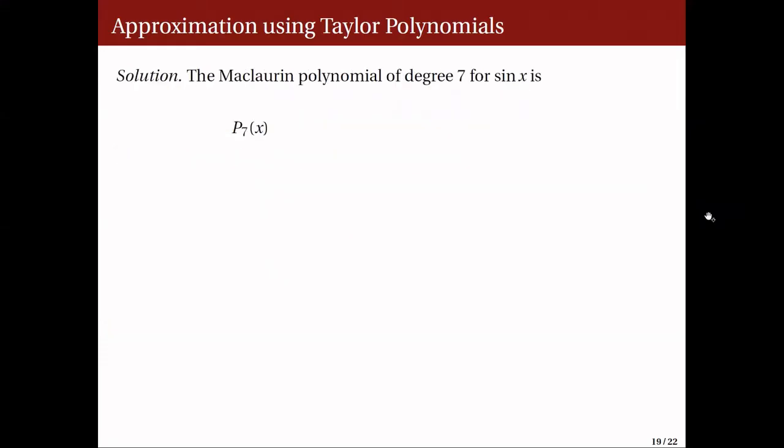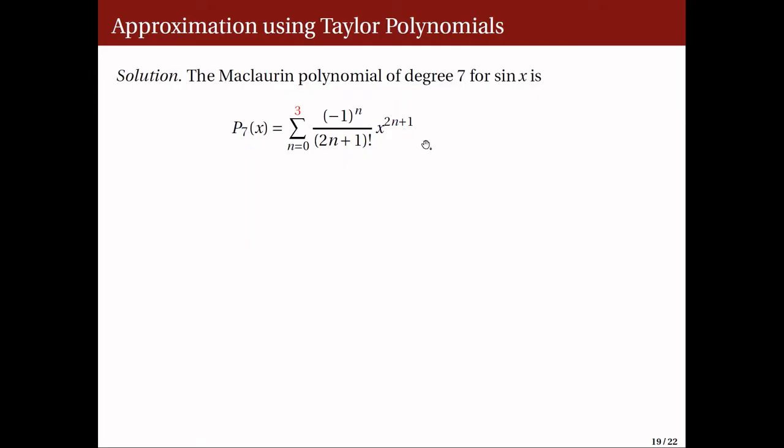The Maclaurin polynomial of degree 7 for sine x is given by p sub 7 of x, which is equal to the summation from n equals 0 to 3 of negative 1 to the n over 2n plus 1 factorial times x raised to 2n plus 1. Note that we stop at n equals 3 in the summation because when n equals 3, the degree of x is already equal to 7, which is what we want.